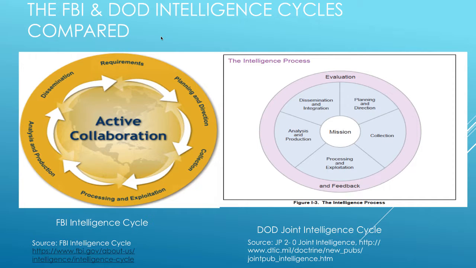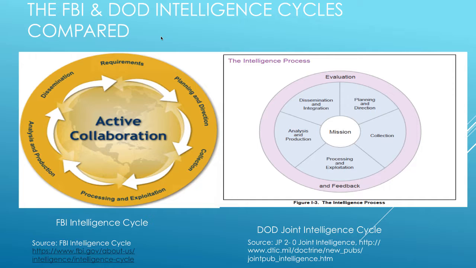Of course, it's appropriate to start with a fundamental understanding of the intelligence cycle. The nature of today's world has put law enforcement and Defense Department together in ways that would have never been thought of 20 years ago.